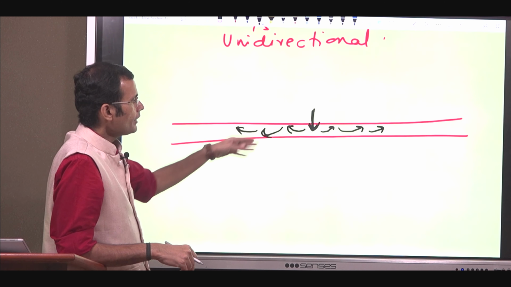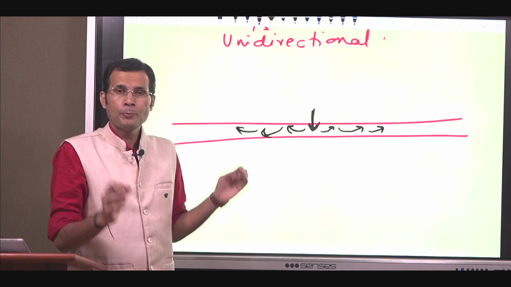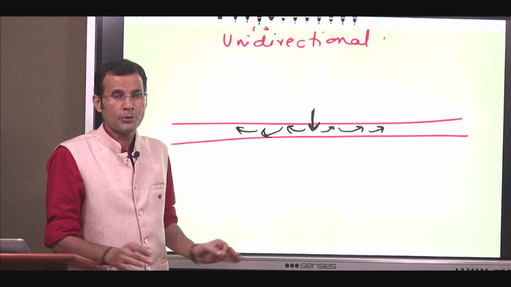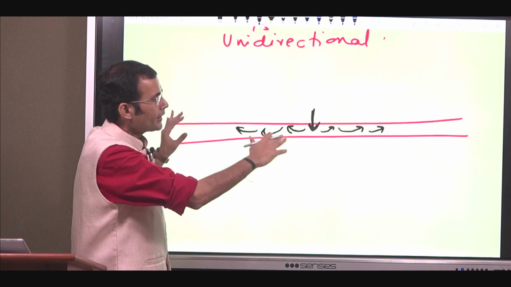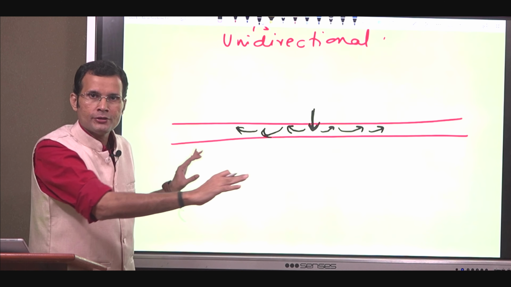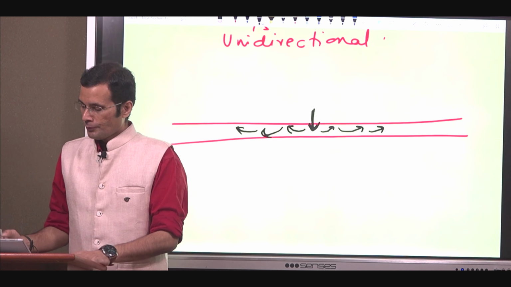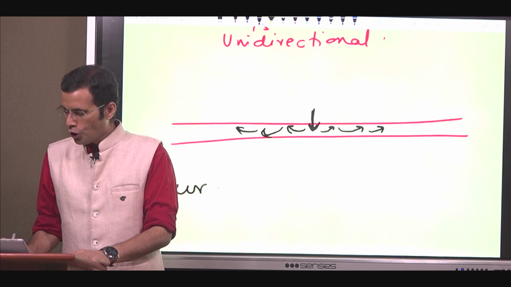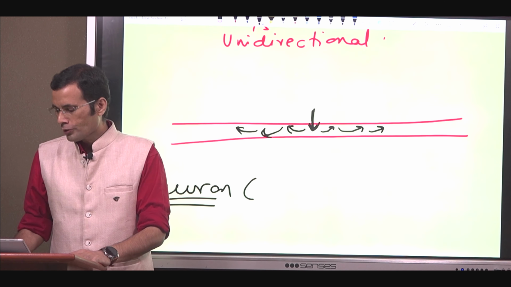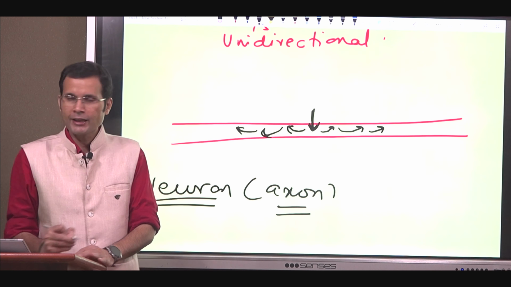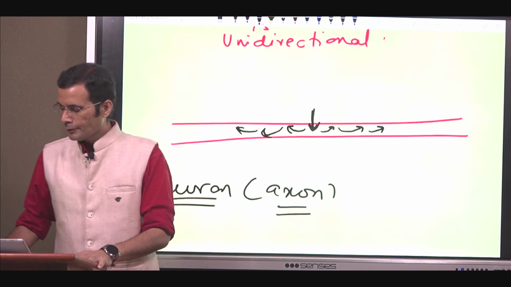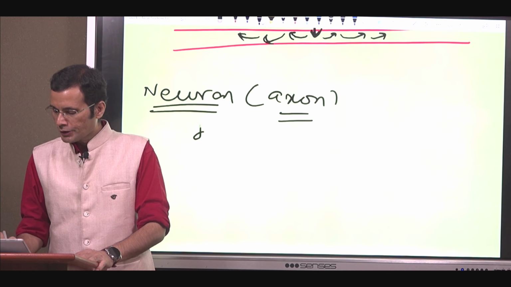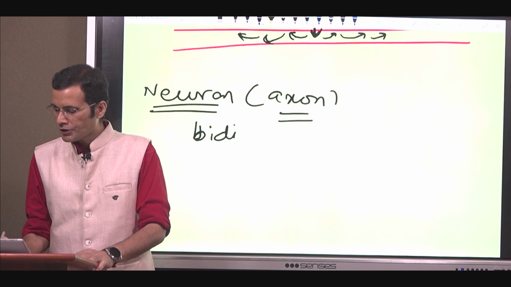So the impulse can travel, theoretically, because this is a theoretical situation that we are looking at, in both directions. And therefore, we can say a neuron, or more precisely the axon, a nerve fiber, can conduct the impulse bidirectionally.